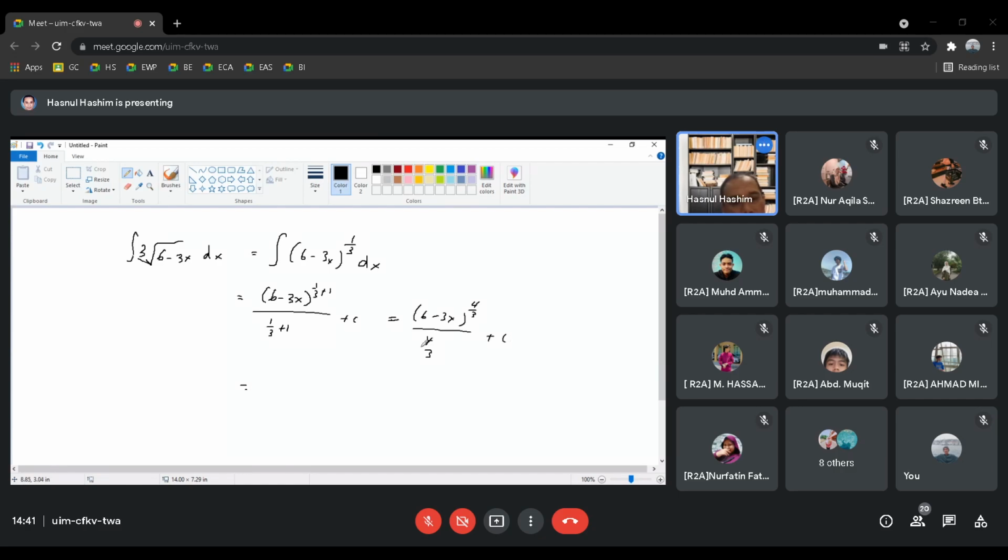So it's going to be 3 over 4 times (6 minus 3x) to the power of 4 over 3, plus c.